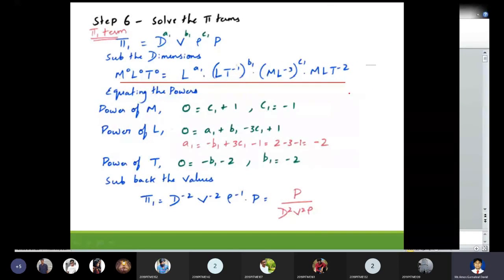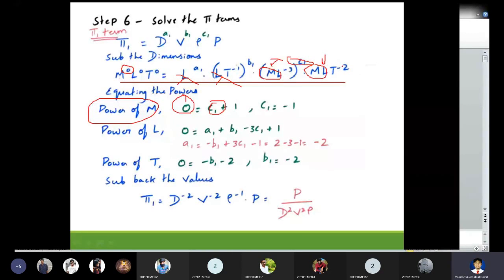Power of M I'm going to take. On the left hand side, what is the power of M? It is 0, so I have put 0 here. Now you look at the right, there's no M here, but there is an M here. What is the power of M here? 1, so 1 into c1 will become c1. Then there's another M here.